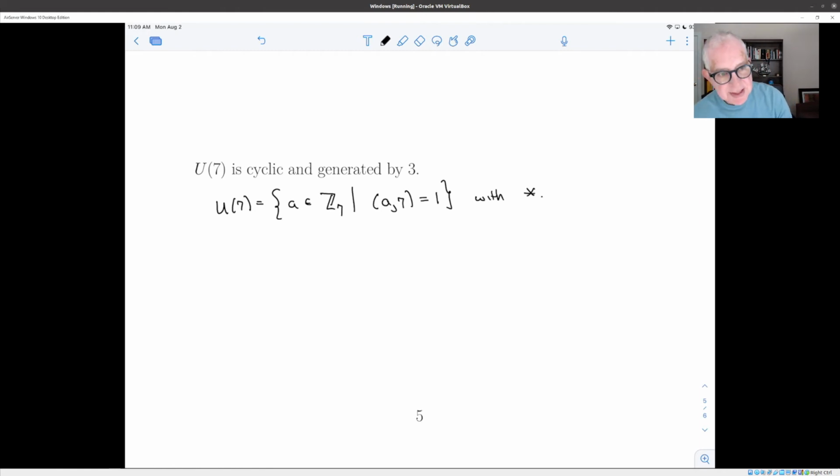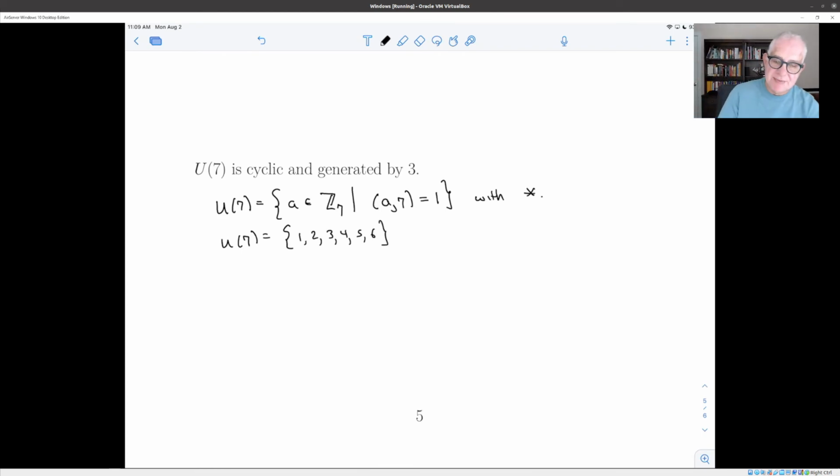And since 7 is a prime number, to have no factor in common with 7, U of 7 is just the collection 1, 2, 3, 4, 5, and 6. Those are supposed to be congruence classes, but I'm not writing the brackets. So there's 6 elements. Basically, it's Z mod 7 without 0.